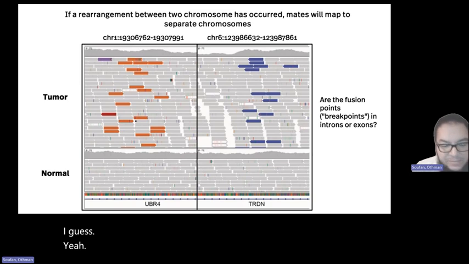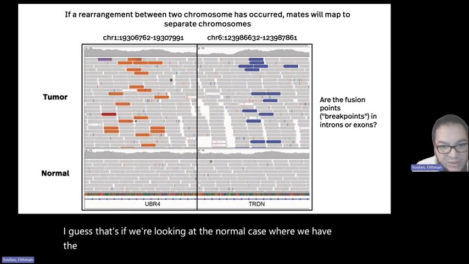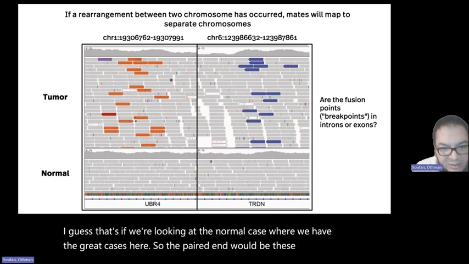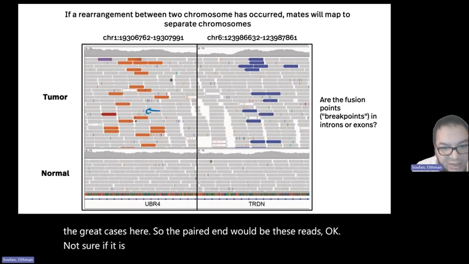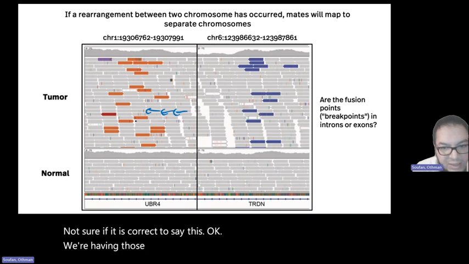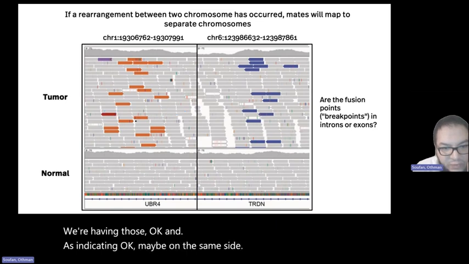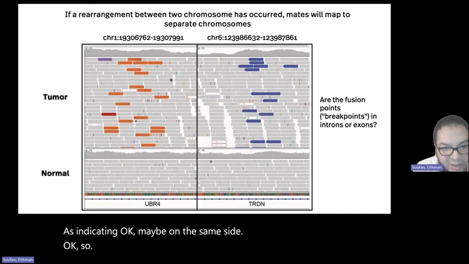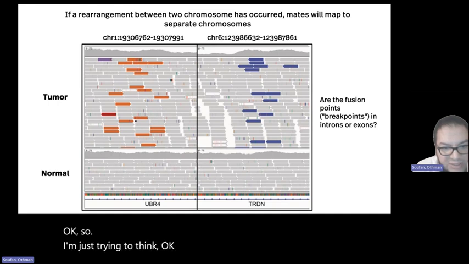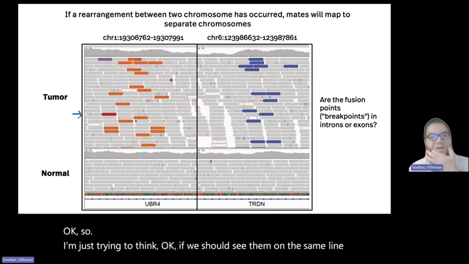If we're looking at the normal case where we have the gray reads here, the paired end would be these reads. I'm just trying to think if we should see them on the same line.